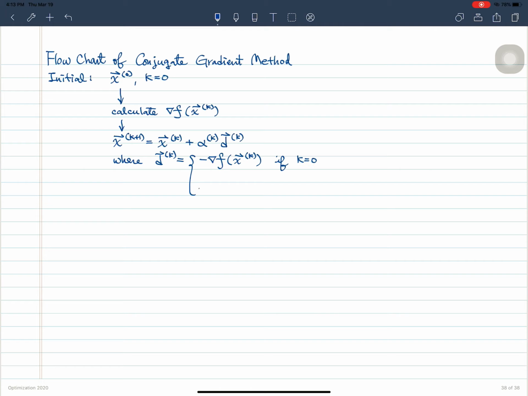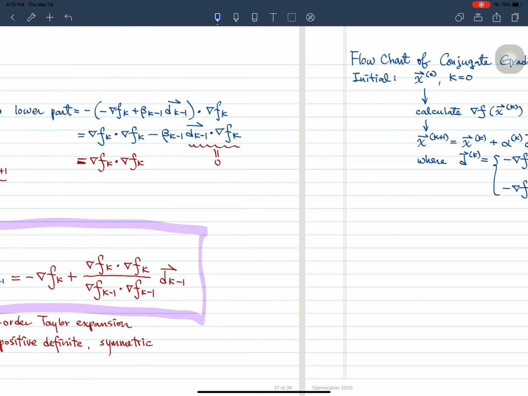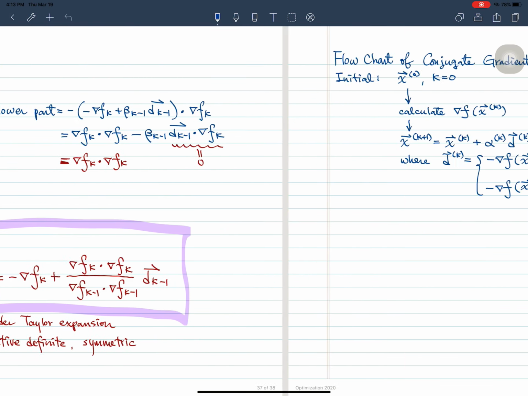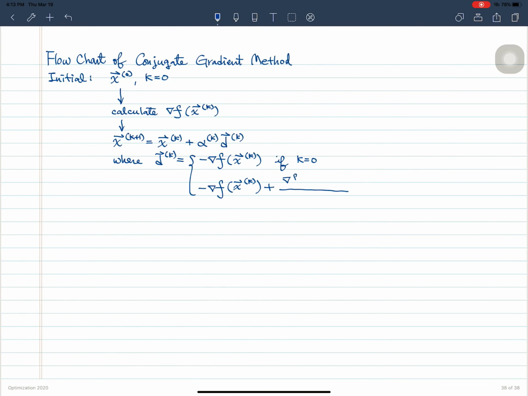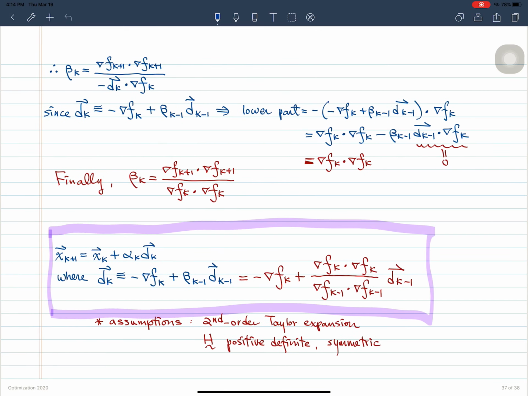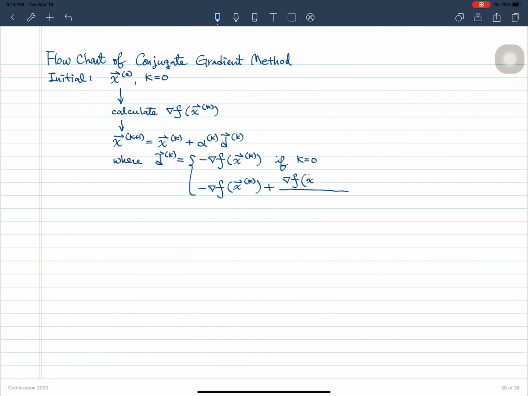Otherwise, it equals this plus gradient f using the current one, dot product x_k.